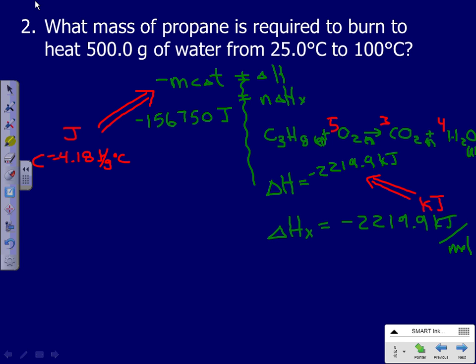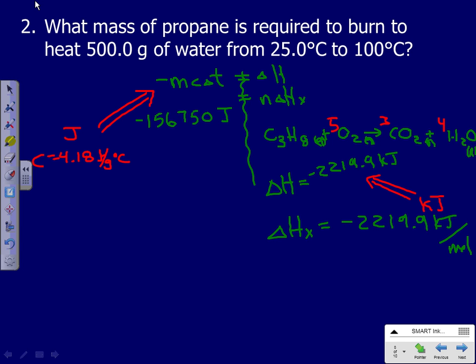So we have a number that's joules. We have a conversion factor that's kilojoules per mole. If we turn that to kilojoules and then use the conversion factor to find moles, we've got it. Or we can rearrange the equation. We could take this, turn it to kilojoules, and divide off our delta H, and we'll have moles.